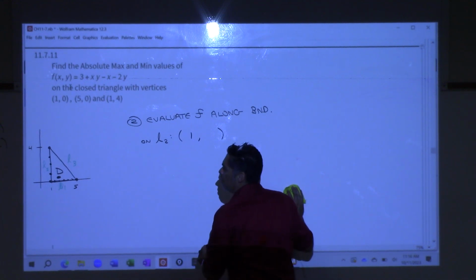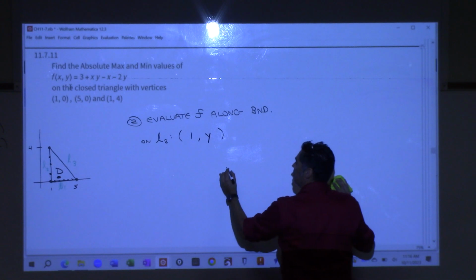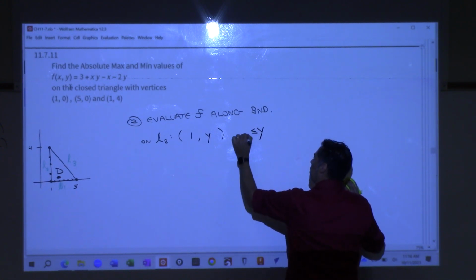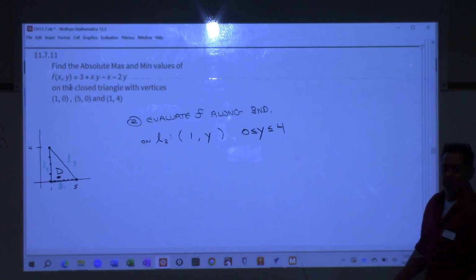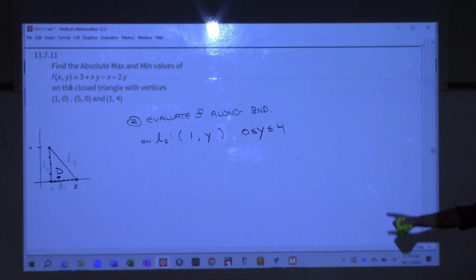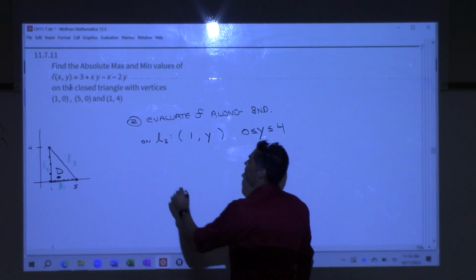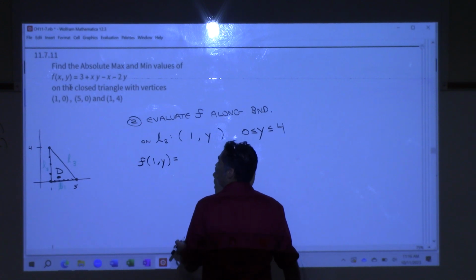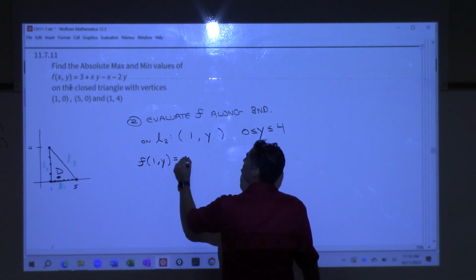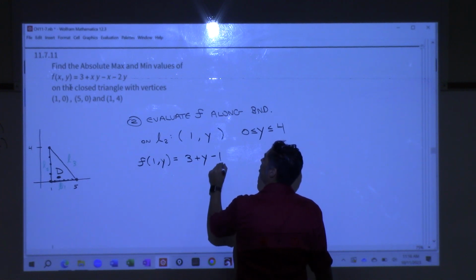And then the y coordinate is y, whatever y is, but y has to be restricted between 0 and 4. So now we're going to plug that into our original surface function with 1 as x and y as y. So replace all your x's with 1s. So 3 plus y minus 1 minus 2y.